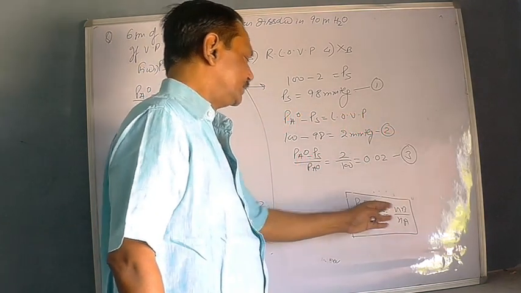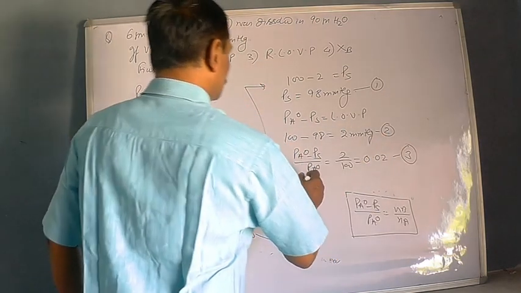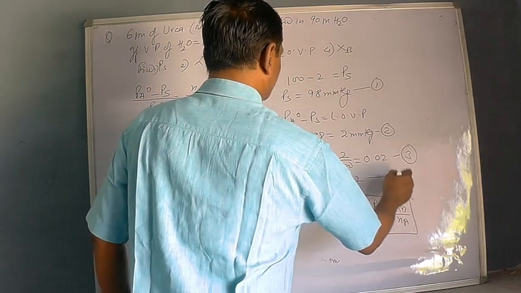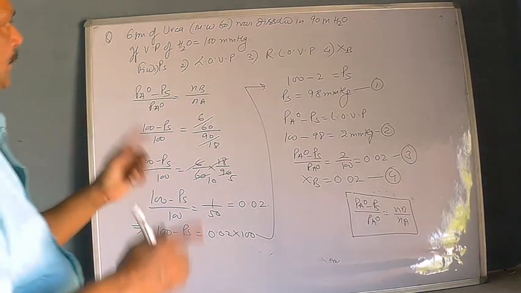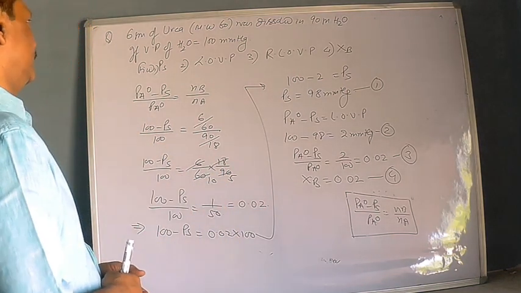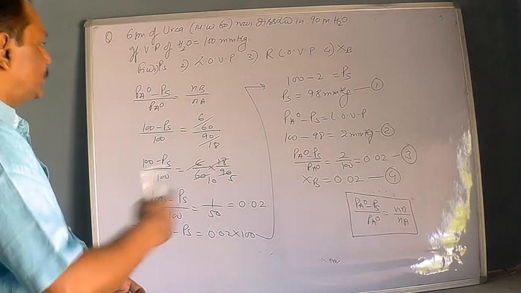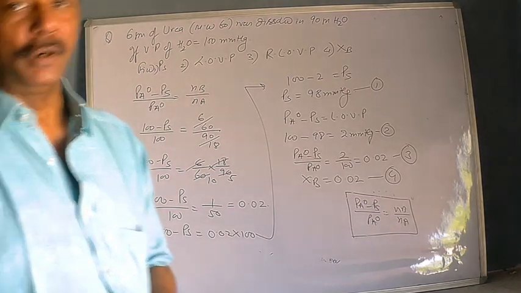And remember, this equals XB. So mole fraction of solute is also 0.02. In this way, a numerical on relative lowering of vapor pressure can be solved. So we have taken the very first subtopic of colligative properties, that was relative lowering of vapor pressure.